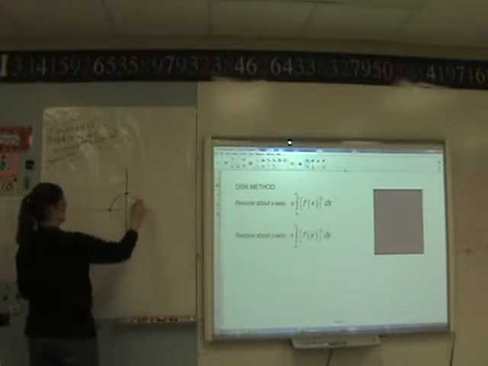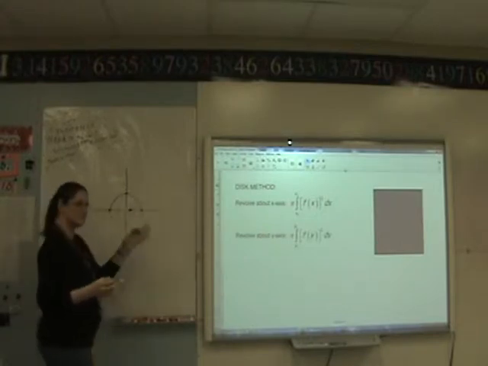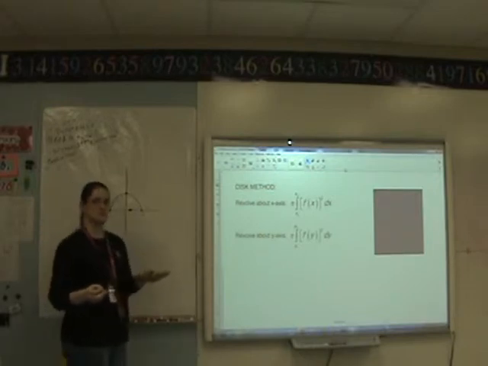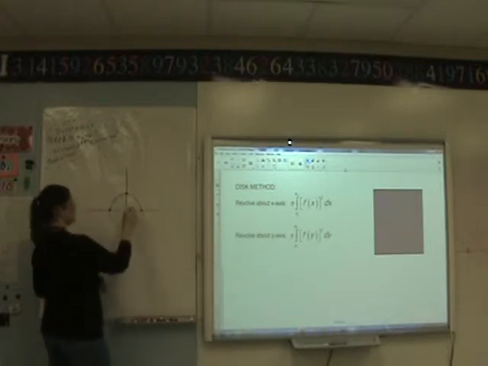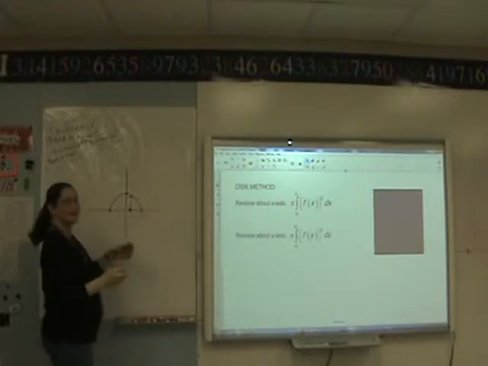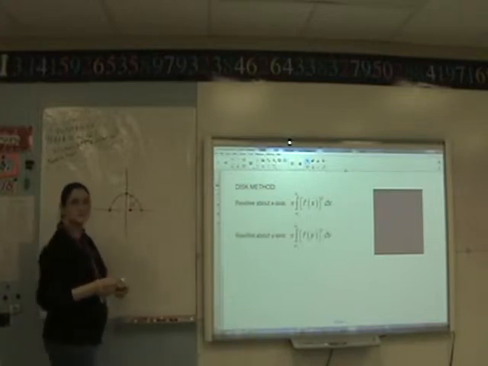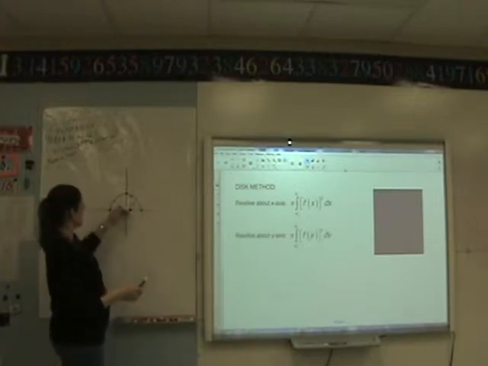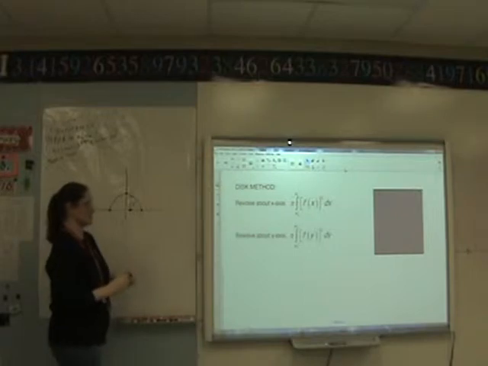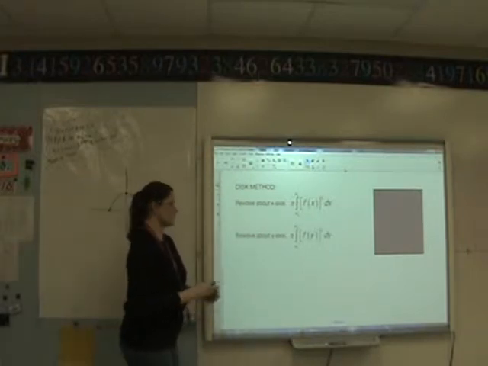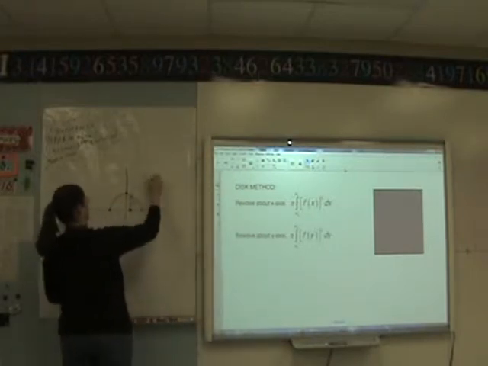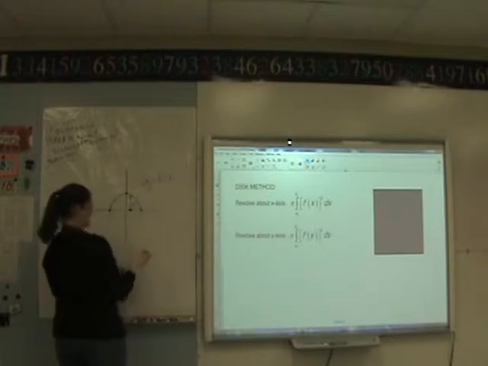I'm revolving around the x-axis, so the x-axis is my center of rotation. From the center of rotation out to the edge of the sphere that I create when I rotate, that's my radius. It starts on the x-axis and ends at the function, so that is a y value. That is my function. y equals f of x.